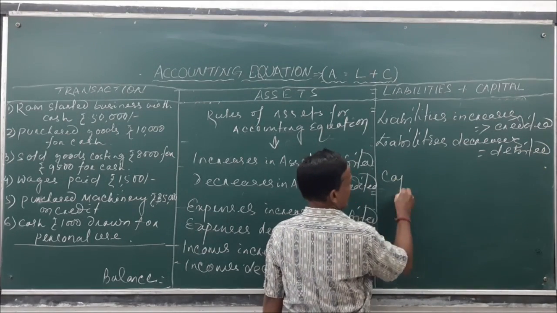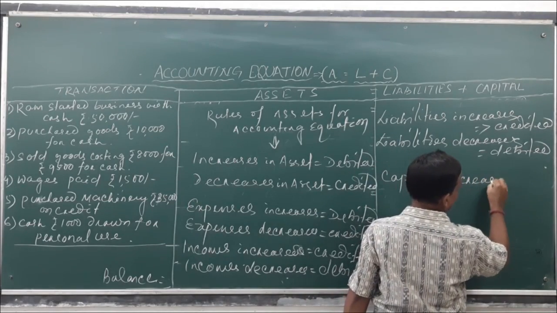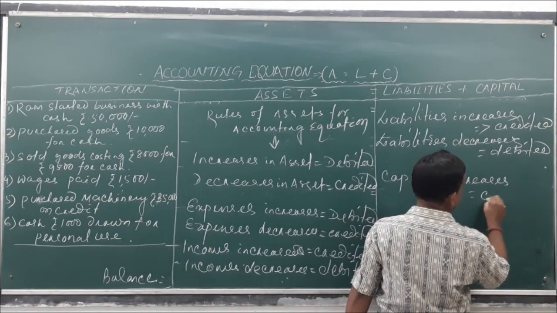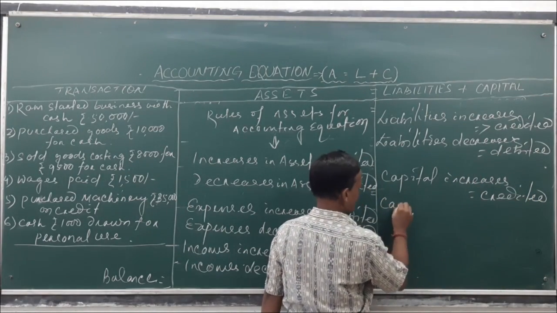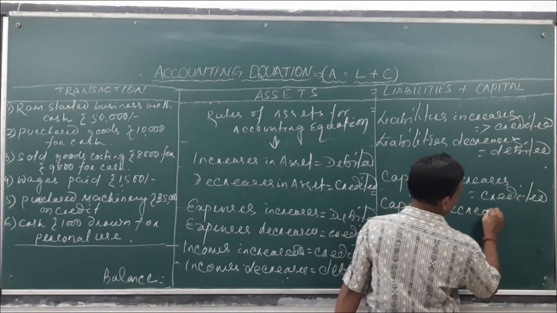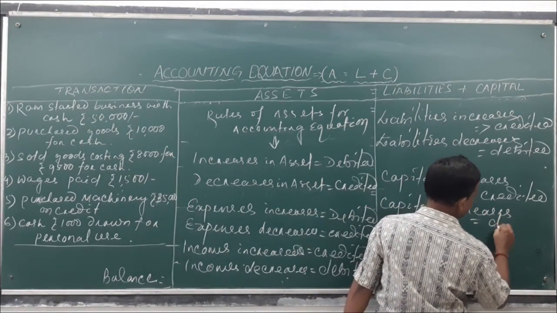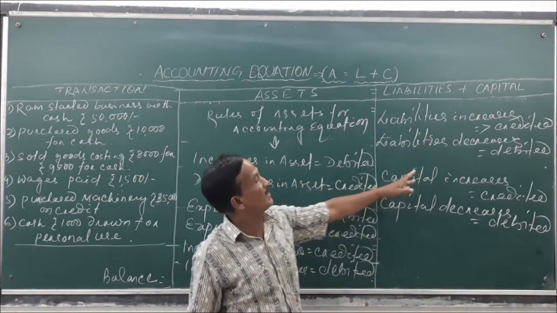Capital increases is credited, capital decreases is debited. That is the rules of the accounting equation.